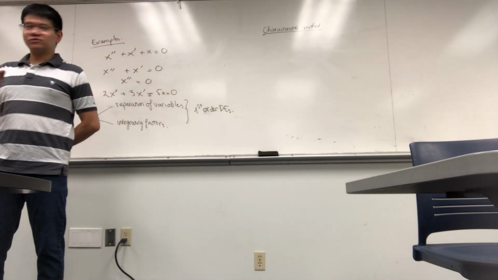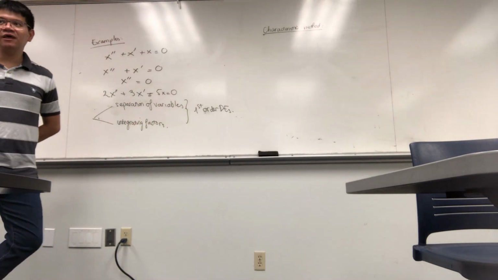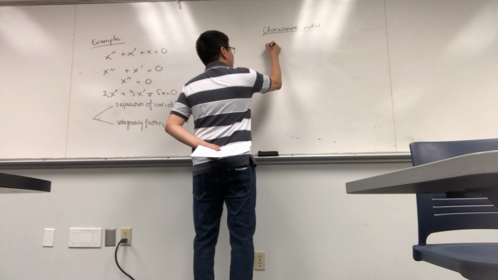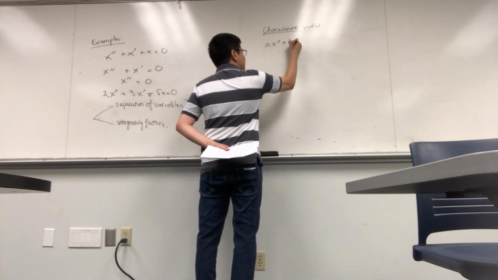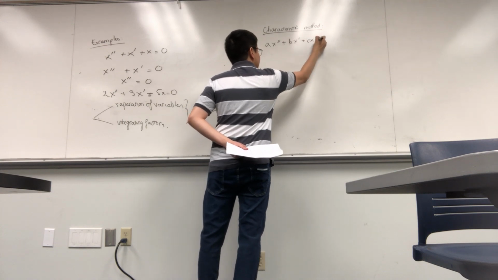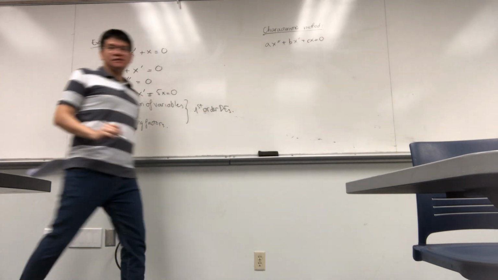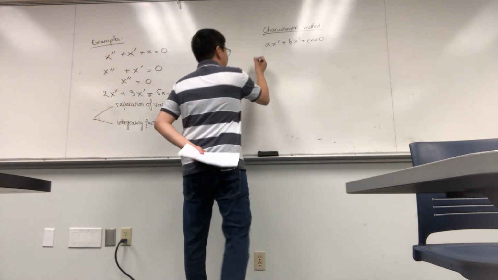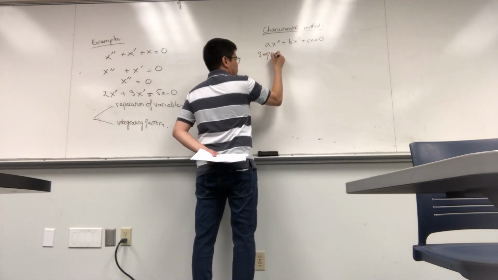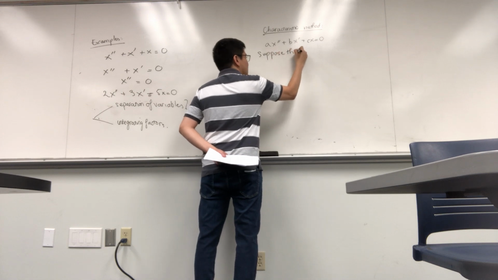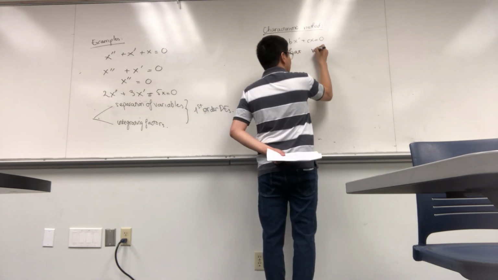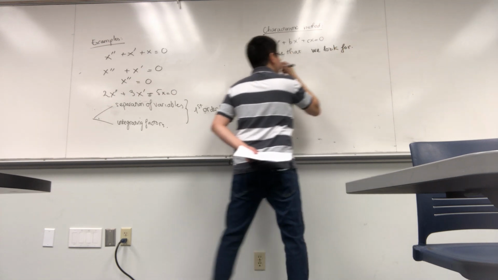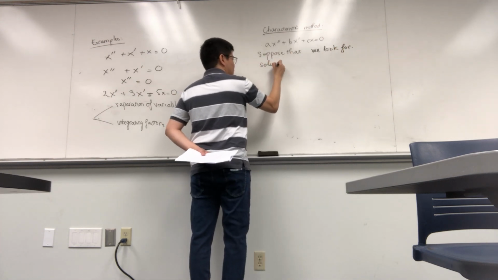To understand the characteristic method, let us try to find a solution of this equation: ax second plus bx prime plus cx is 0. So this is the equation that we study.